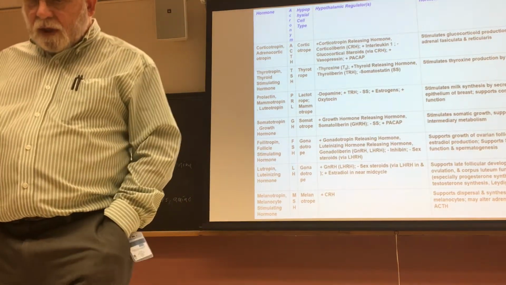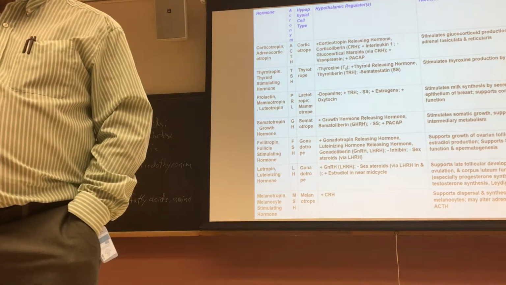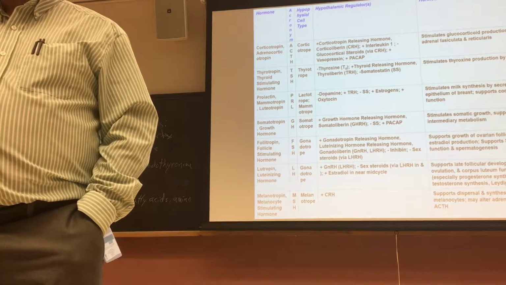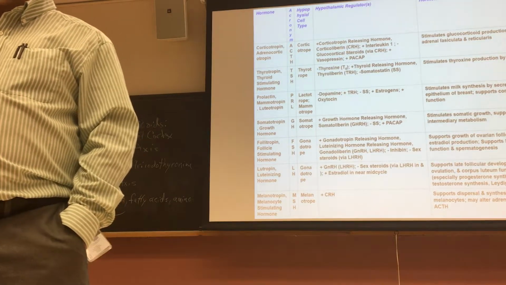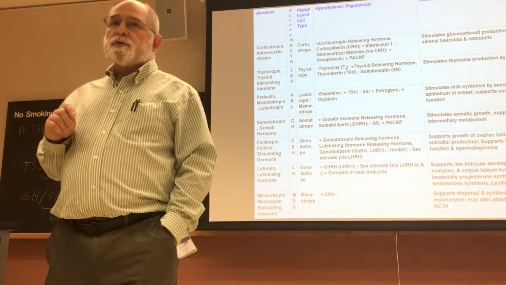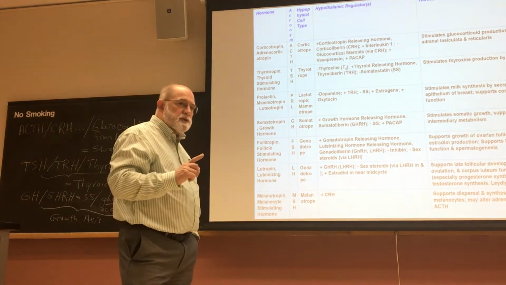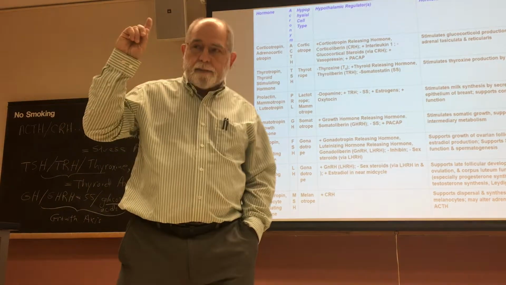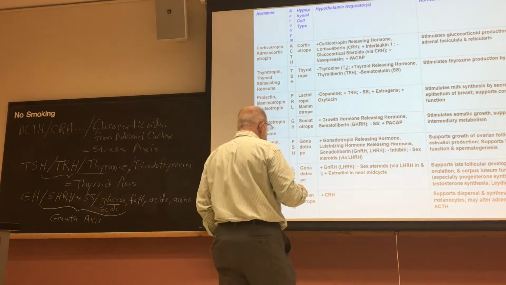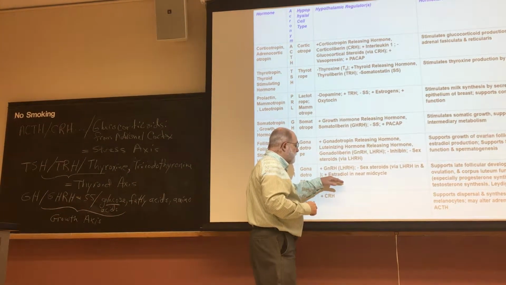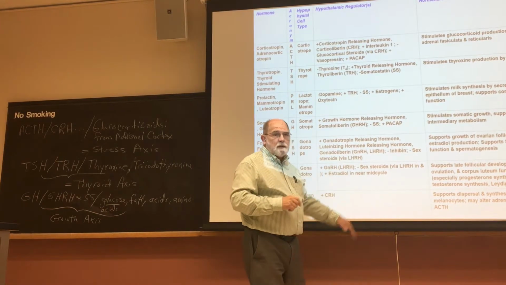The production of kisspeptin switches from being suppressed in the presence of high levels of estradiol to being stimulated. And as a result, kisspeptin goes up, LHRH goes up, and LH goes up, along with FSH.